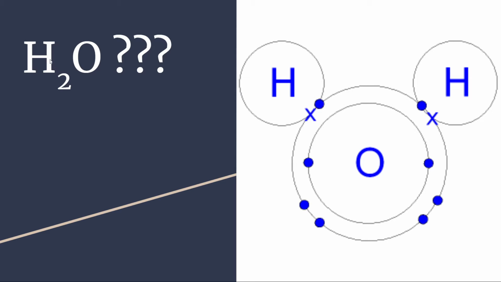So here we have 2 atoms of hydrogen, and there's nothing written next to the O, which means there's only 1 atom of oxygen. So H2O, we have 2 hydrogens and 1 oxygen. As we can see here, 2 hydrogen atoms and 1 oxygen atom.